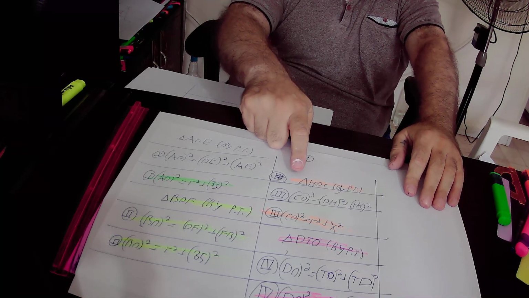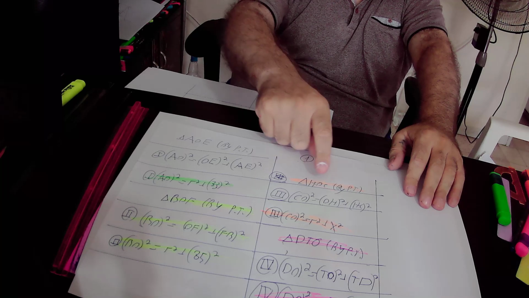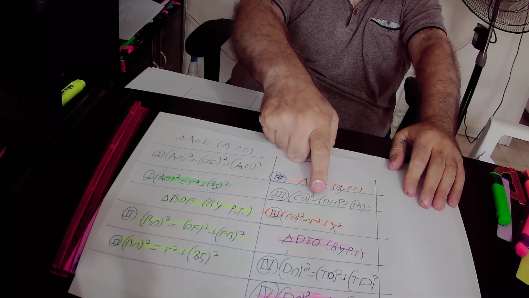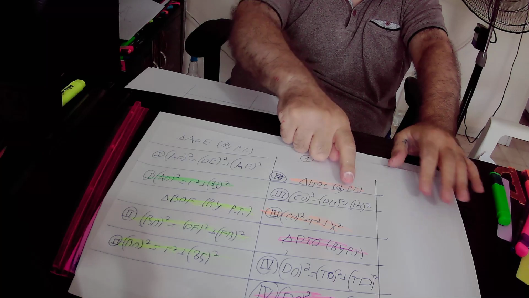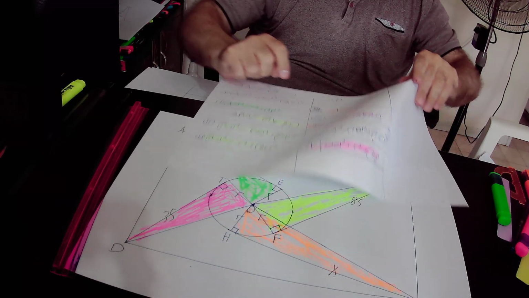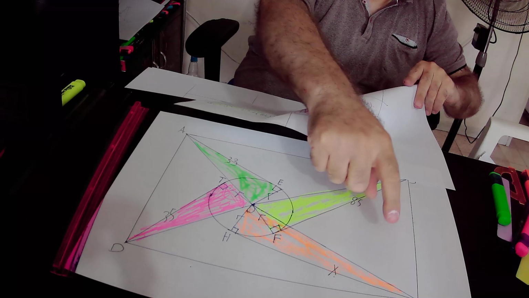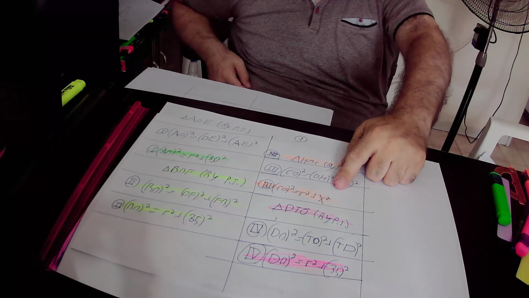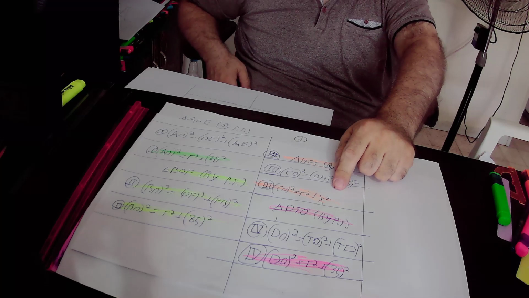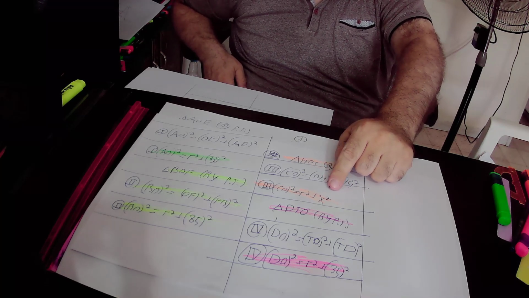OH equals R, therefore OH square is R square, plus HC square. HC equals x, therefore HC square is x square. So in conclusion, according to equation number 3, CO square equals R square plus x square.